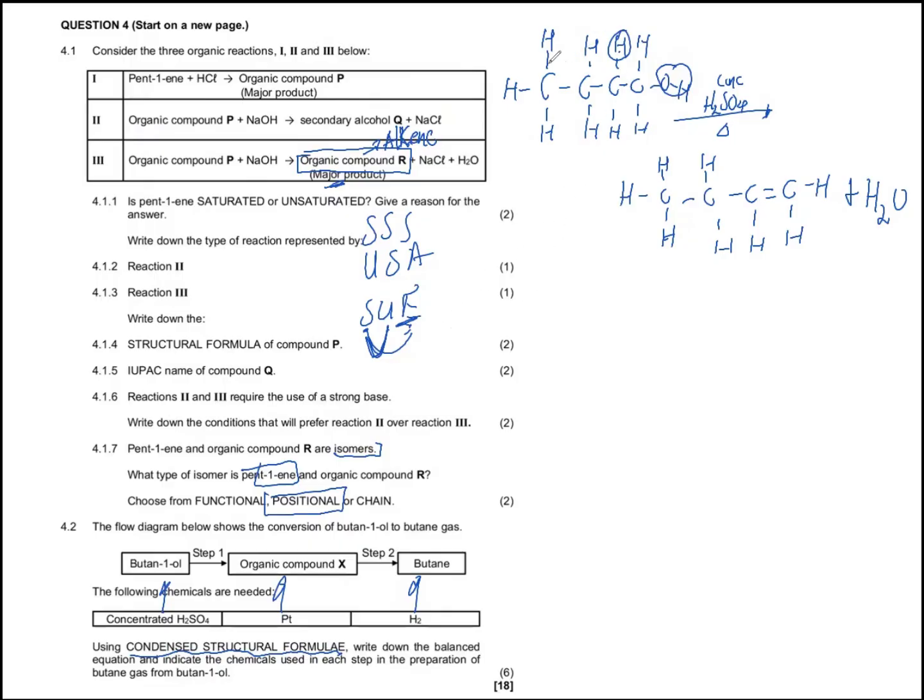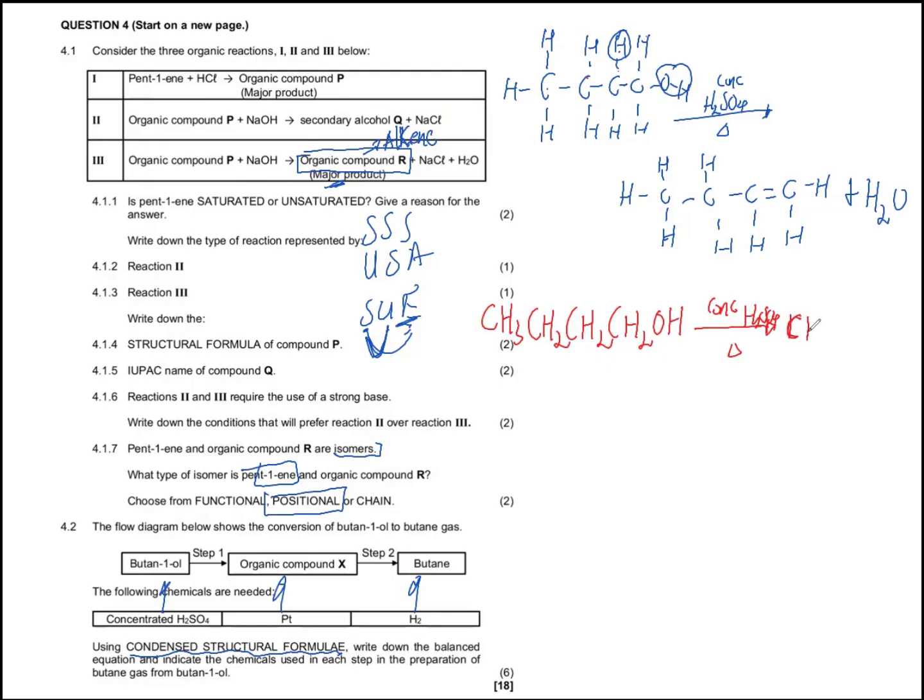Now, how do I write it? Look at this, condensed structural formula. The first carbon contains how many hydrogens? 3. The second carbon contains how many hydrogens? 2. The third one contains 2, and this one contains 2, and then we have OH, right? Then through concentrated H2SO4 and heat, what do we have?